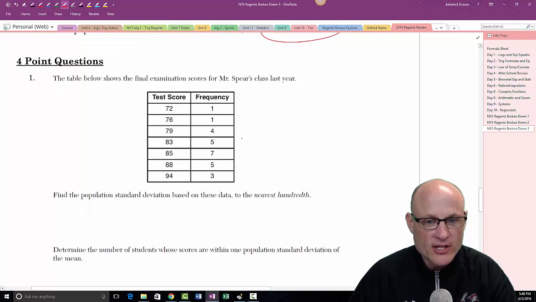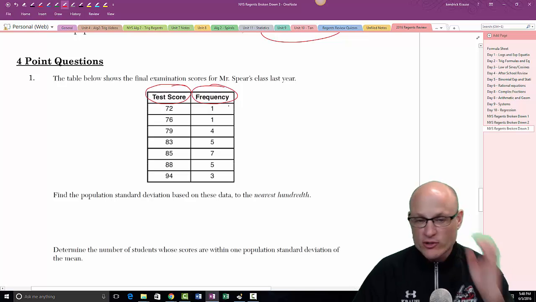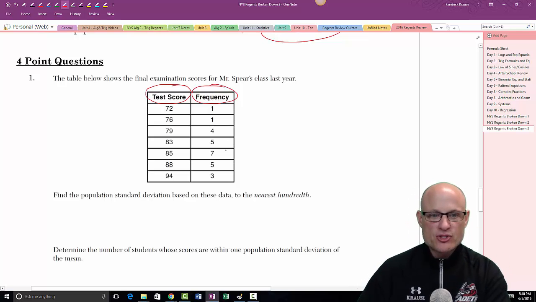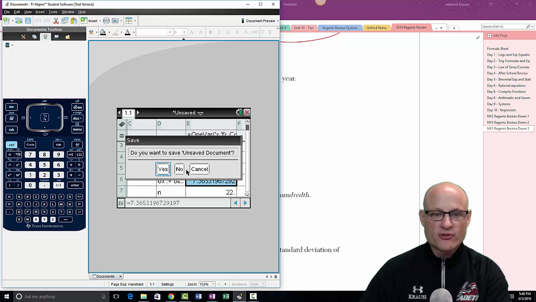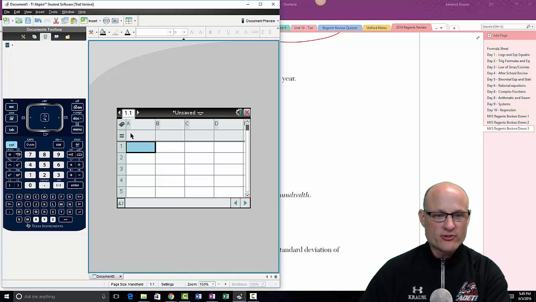Going to 4-point questions. Again, we have a score and a frequency table. So we're going to do another chart, similar stuff, but now we're in a 4-point question. Let's call this scores and frequency, which makes more sense.